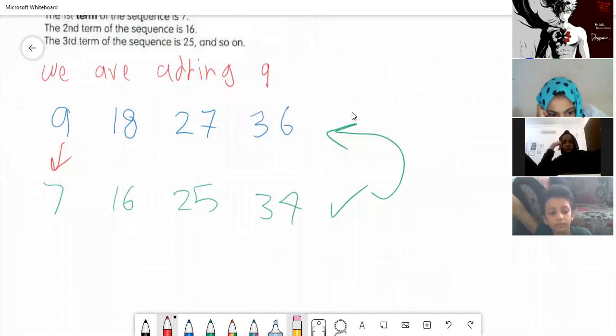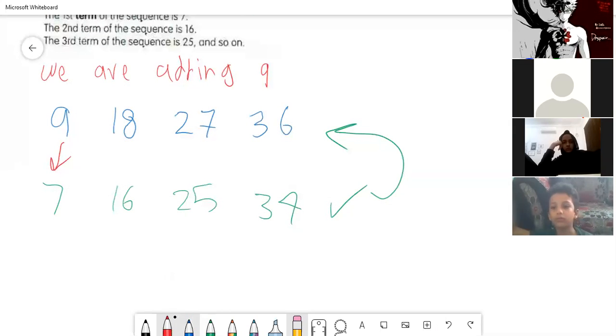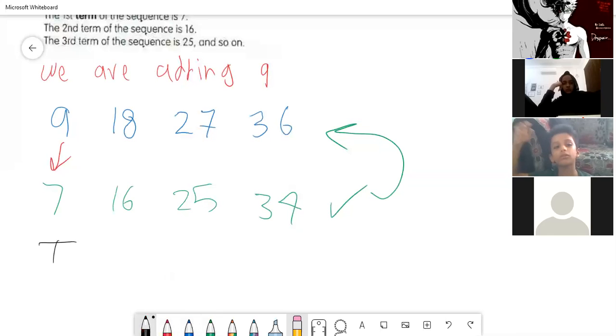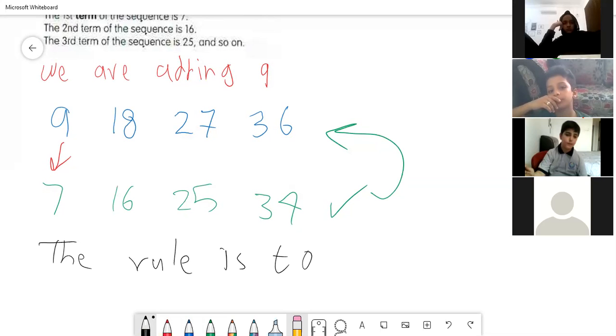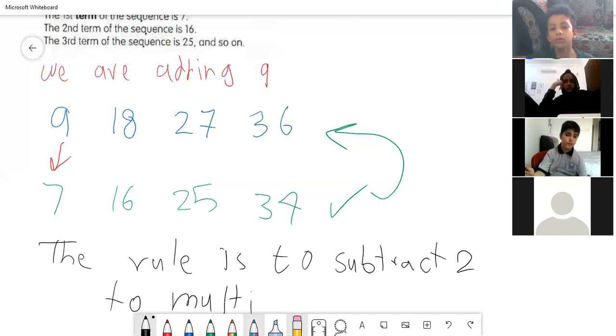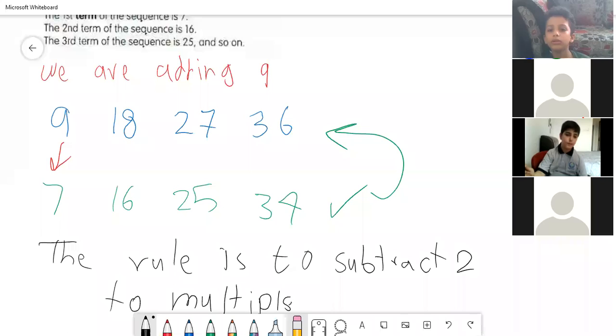So we can say the rule is to subtract 2 from multiples of 9.